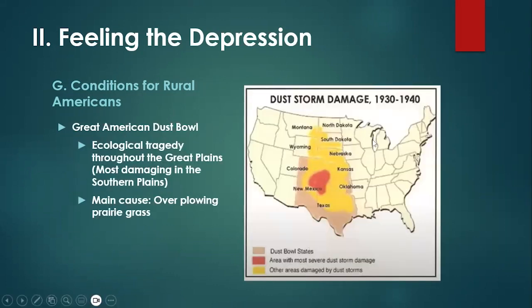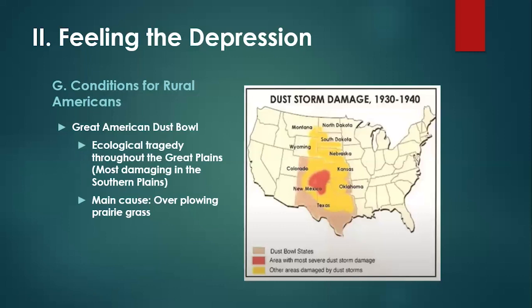So the Dust Bowl refers to a series of dust storms that swept through the plains, causing severe damage to the region. This was mainly caused by overplowing, largely as people started moving out to this area over several decades, especially as a result of things like the Homestead Act after the Civil War. People did begin plowing up a lot of this land to turn the soil in order to farm.